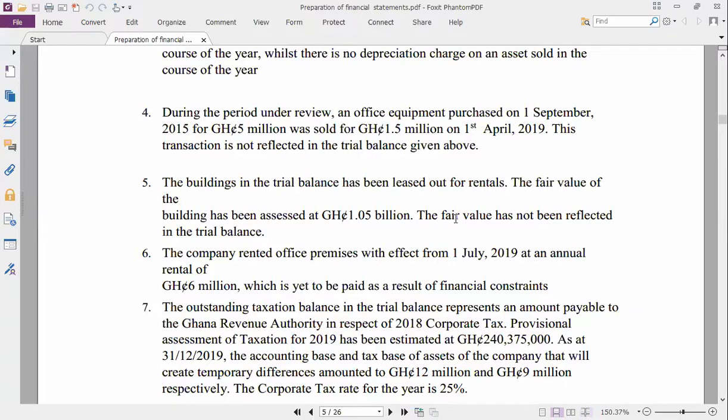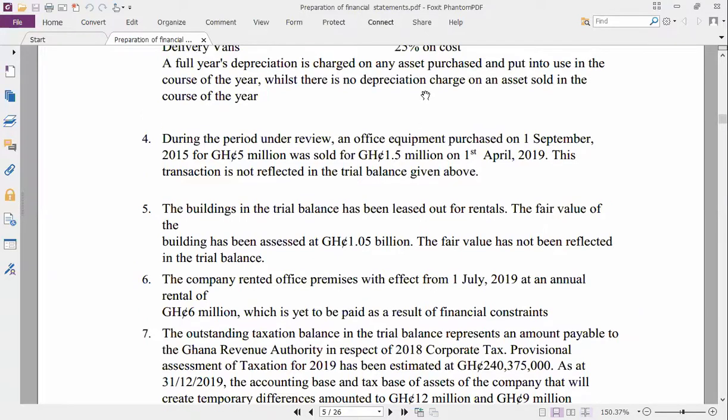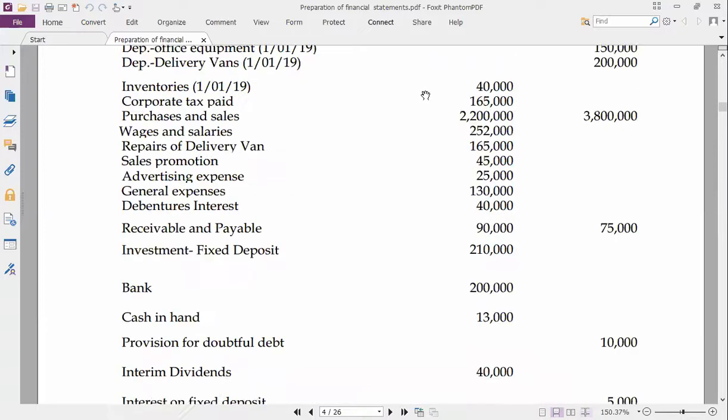So first, once it's in the trial balance, you have to go and compare. For investment property, changes in the fair value are reported in the P&L straight. Whether it's a profit or a loss, it will go to the profit and loss. So first, go and check the figure in the trial balance.